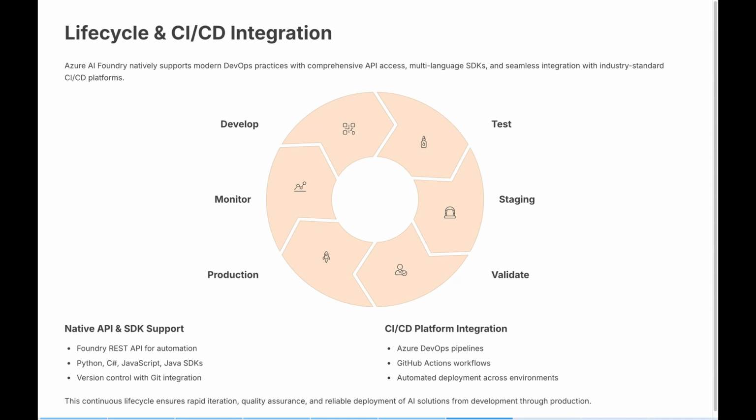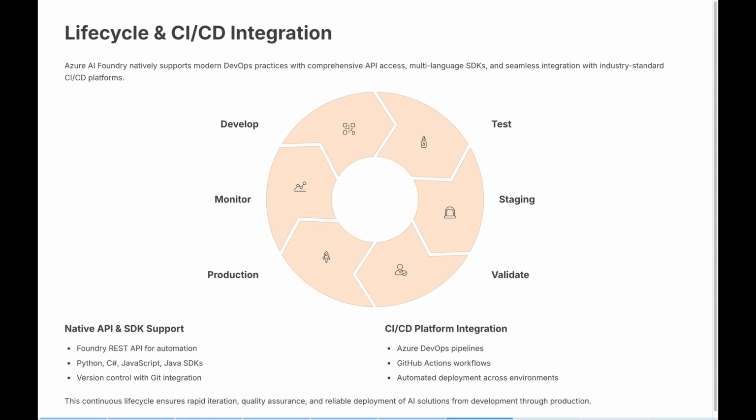Four, validate: run the final checks, A/B testing with real users. Five, promote to production: deploy via API or DevOps pipelines. Six, monitor: track performance in Azure Monitor and App Insights. And then iterate: use metrics to improve and repeat.